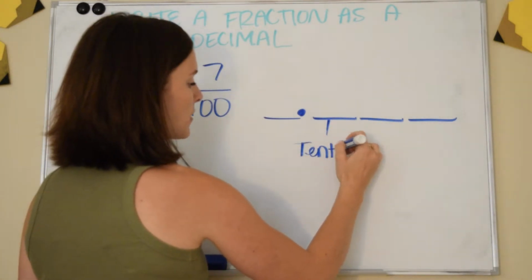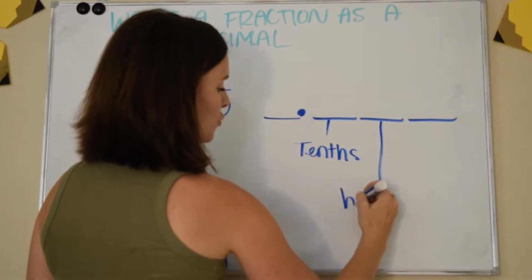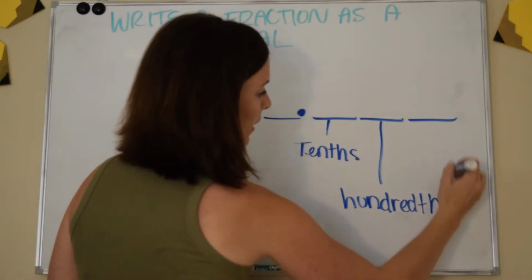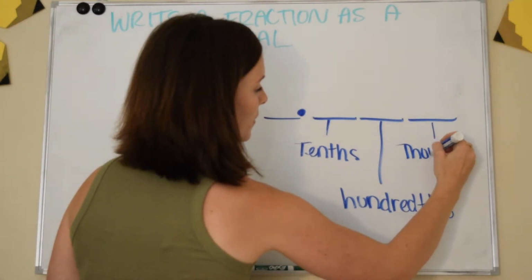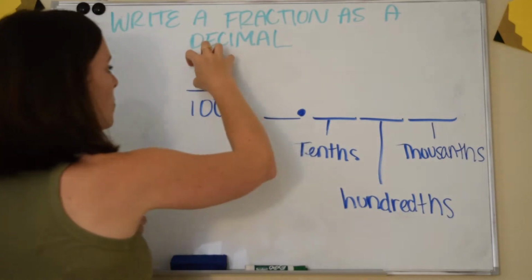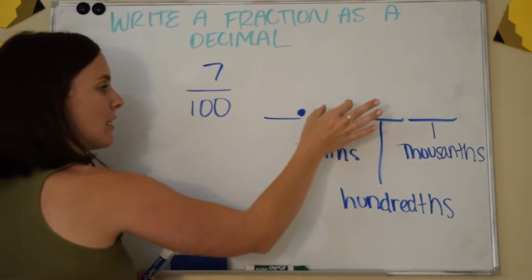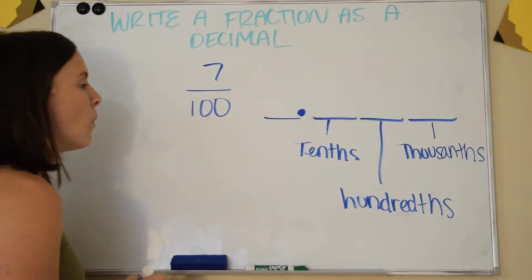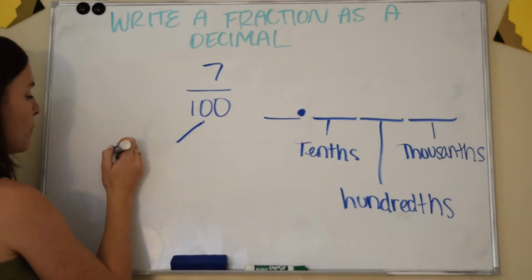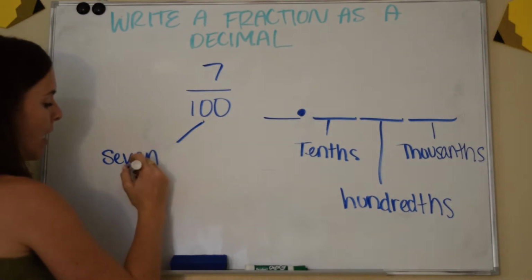You have the tenths, then comes the hundredths, and then comes the thousandths. It's like you're taking this number and you've got to put it in the right parking spot. Well, I have a 7 in hundredths. If I said this in word form, it would be seven hundredths.